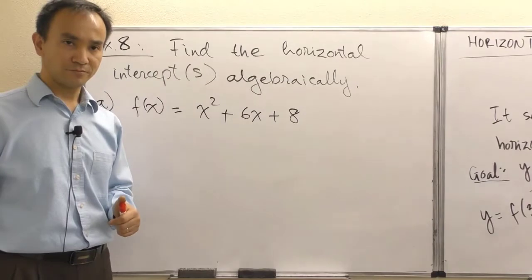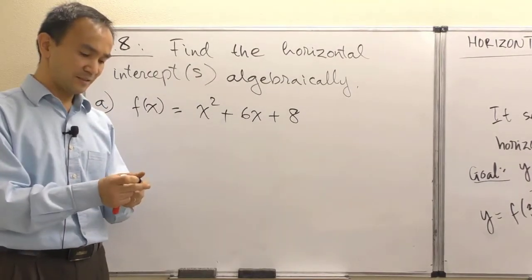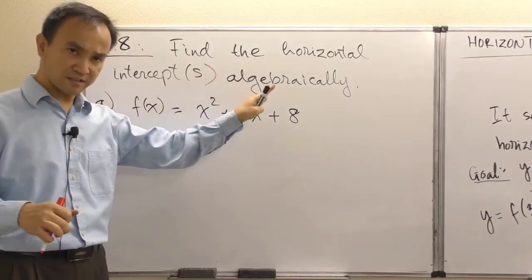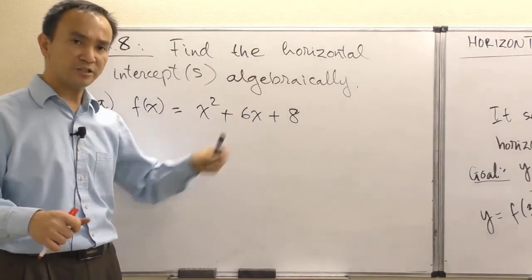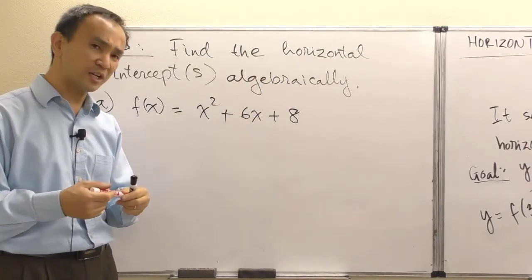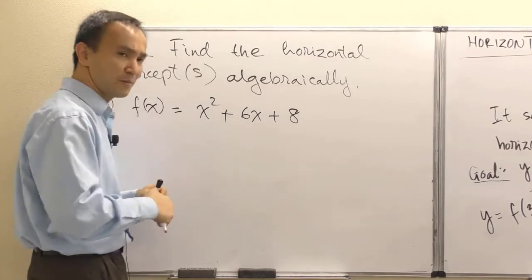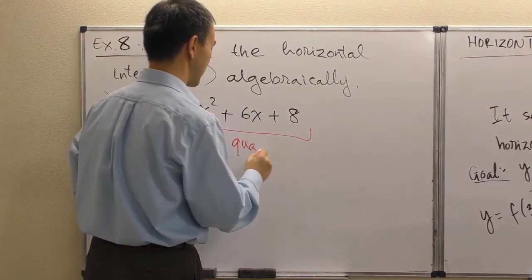Okay, so before we get started, my intention here is to find the horizontal intercept algebraically, but maybe it's a good idea to look at the graph before we get started. And you also know from your previous course that this is called a quadratic.